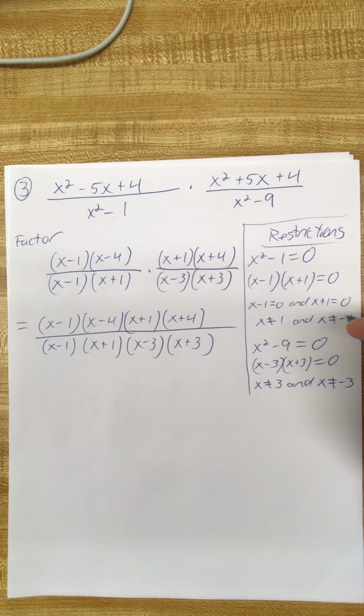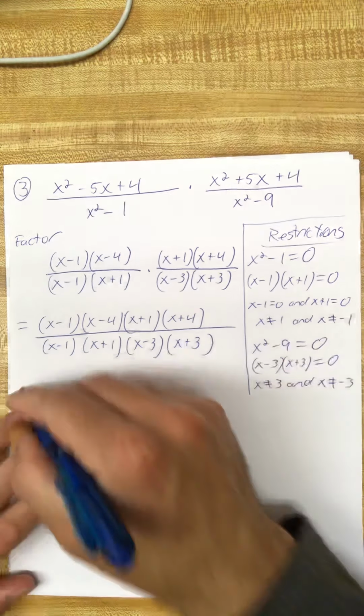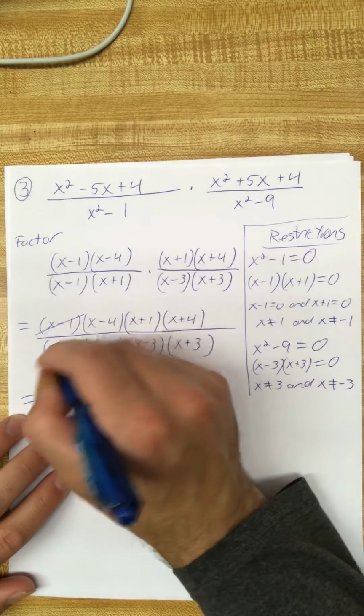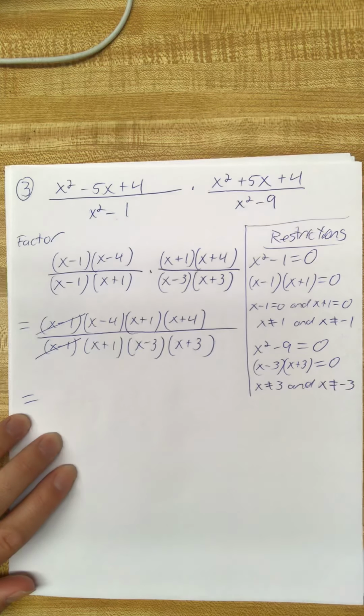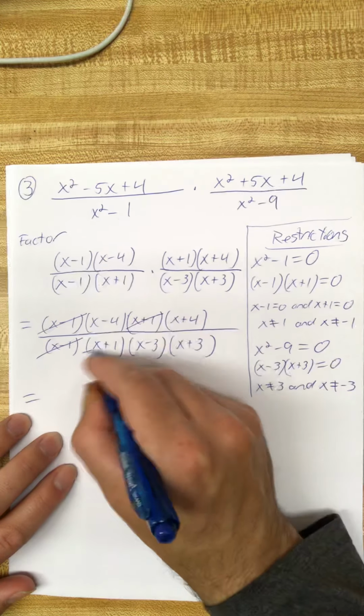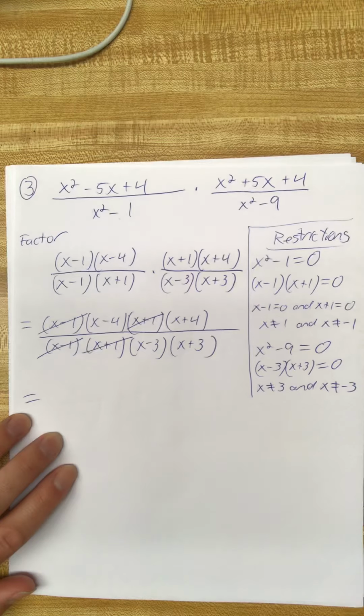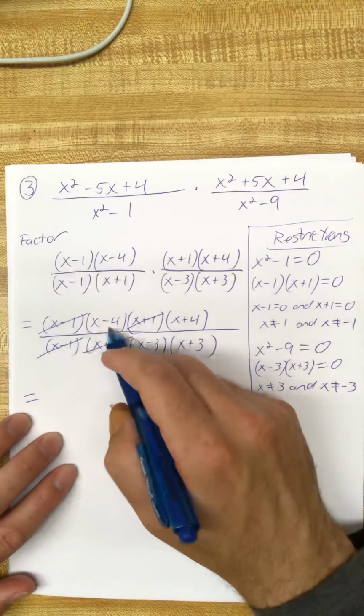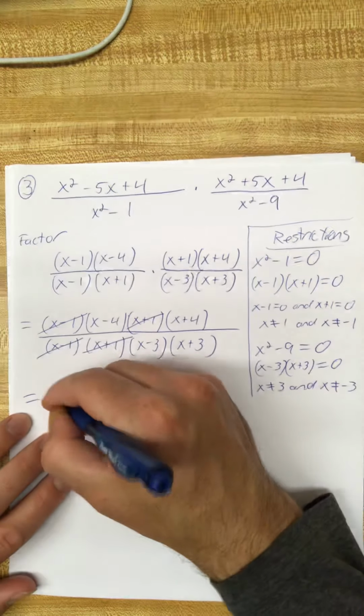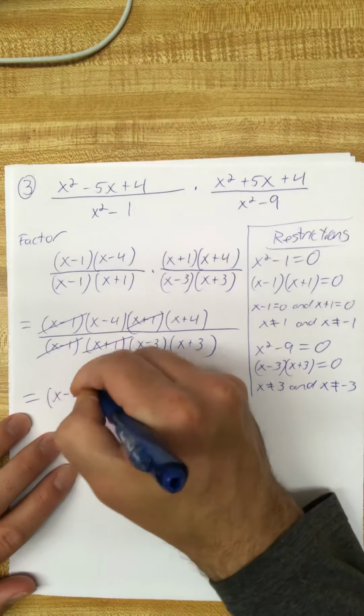Alrighty, so as far as starting to simplify everything, I have x minus 1 divided by x minus 1 is 1. I also have x plus 1 divided by x plus 1 is also 1. So I am left with two binomials in the numerator, x minus 4 times x plus 4, and in the denominator, x minus 3 times x plus 3.